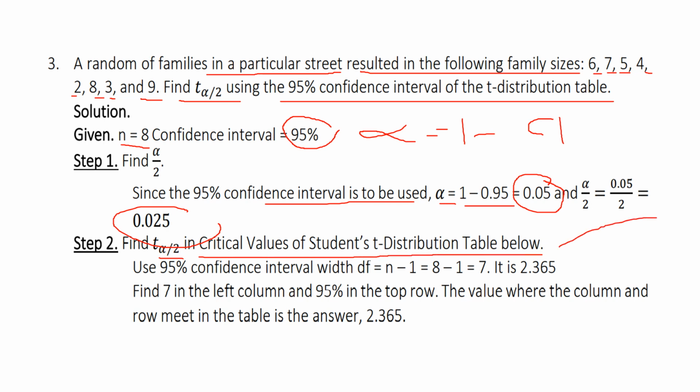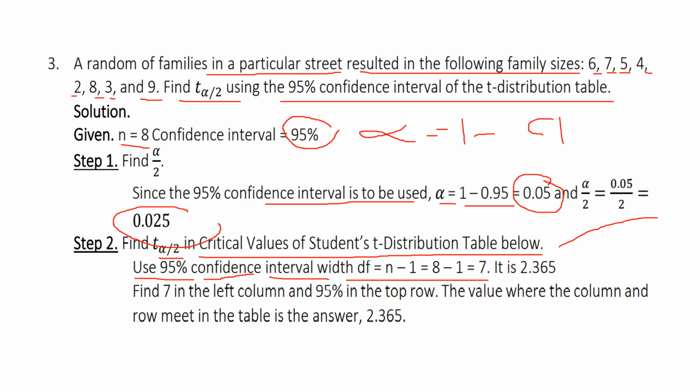Use the 95% confidence interval with your df equal to n minus 1, or 8 minus 1, that will be equal to 7. So it is 2.365. Using your t table, based on this problem, the answer is 2.365.